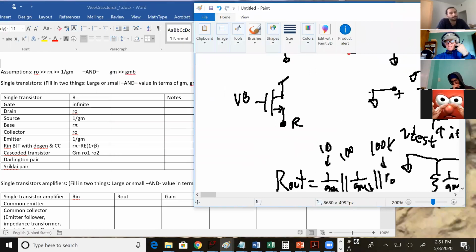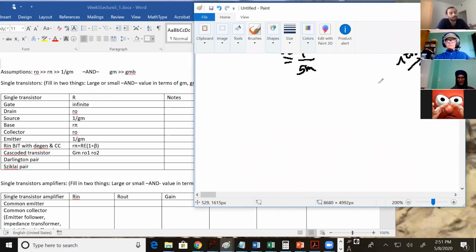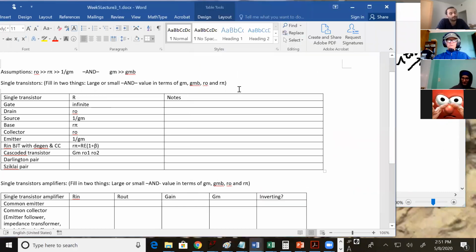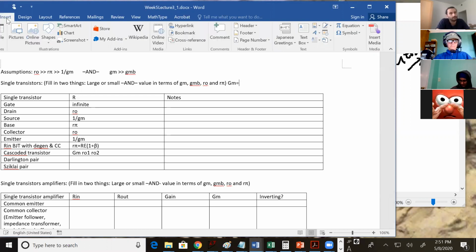One thing I didn't say is anything that doesn't have degeneration. Let me add one more piece in here, and I know it's just kind of rushing now, but GM equals plus or minus.